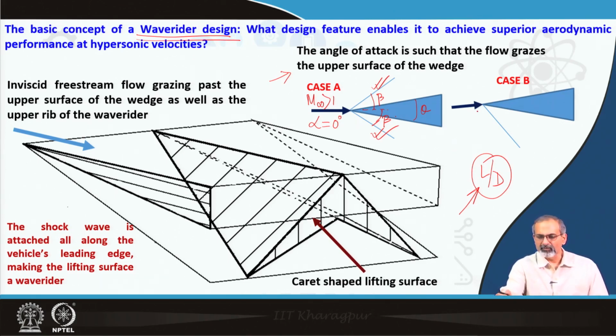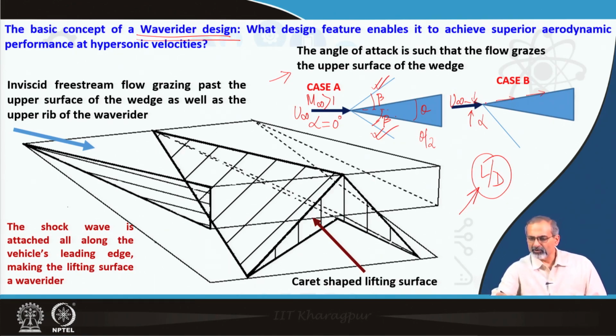In that case, we actually orient the flow in such a manner that that same u infinity is now going to come in with some alpha. So, there will be a certain alpha at which it starts grazing the surface. So, it is basically theta by 2. If you incline the incoming flow direction at an angle of theta by 2, then an inviscid flow that comes in that manner would exactly graze the surface, and therefore, there is no possibility of a shock forming there.